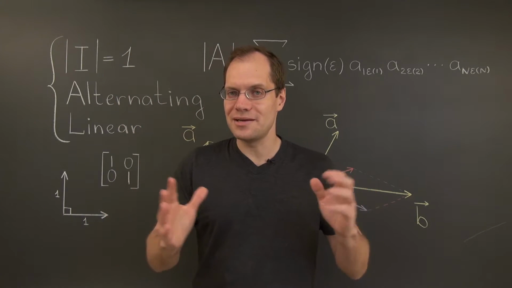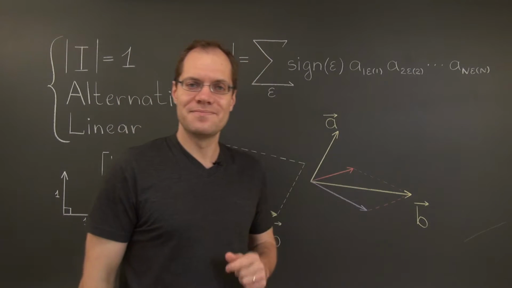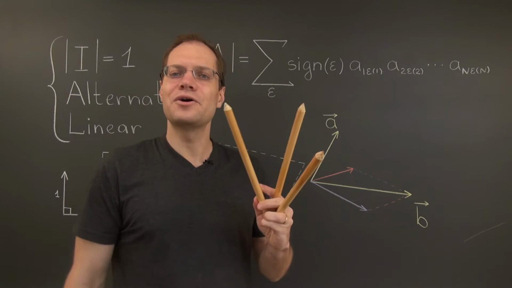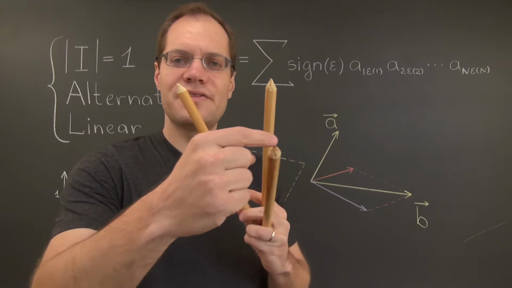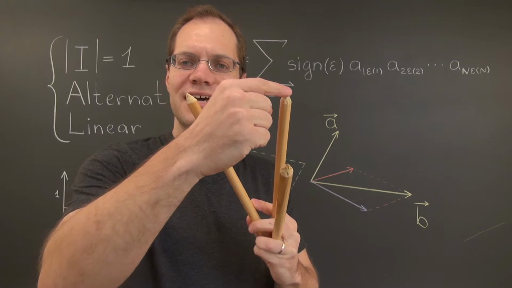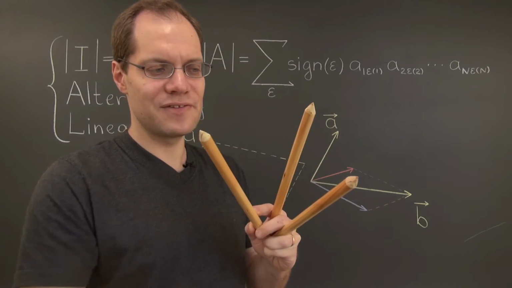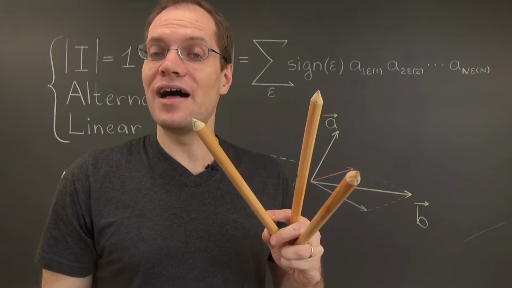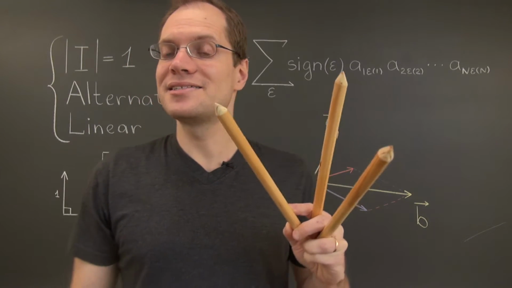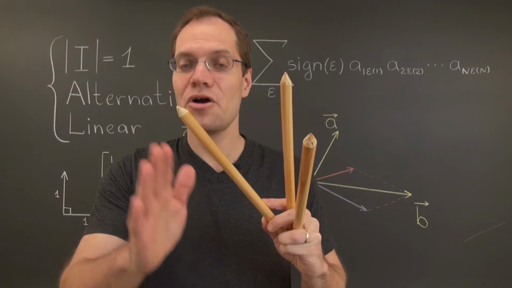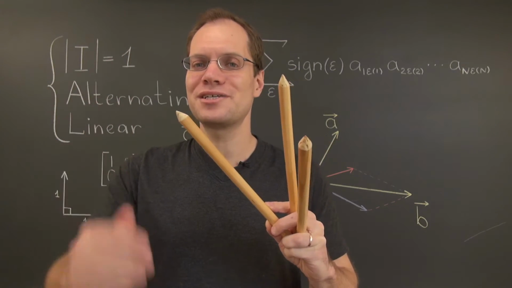Signed volume in 3 dimensions is a lot more fun. Let's take a look. Let's first call this vector first, this vector second, and this vector third. Then this is a positively oriented set, and the volume is positive. Let us now reorder these vectors. Reordering means not moving the vectors, but changing which one's first and which one's second.